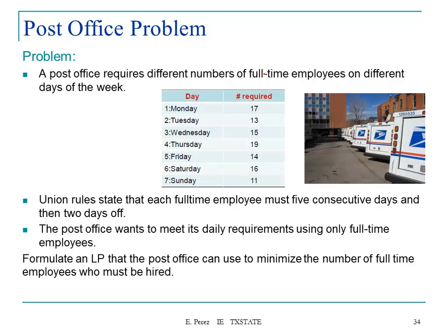Okay, so the post office wants to meet its daily requirement using only the full-time employees. So we need to formulate our problem so each employee works for 5 days and takes 2 days off, and also we can satisfy the demand, well, the capacity demand.